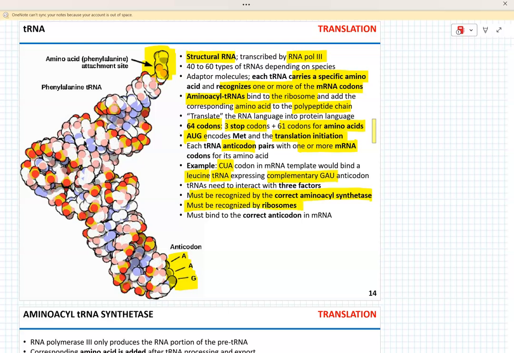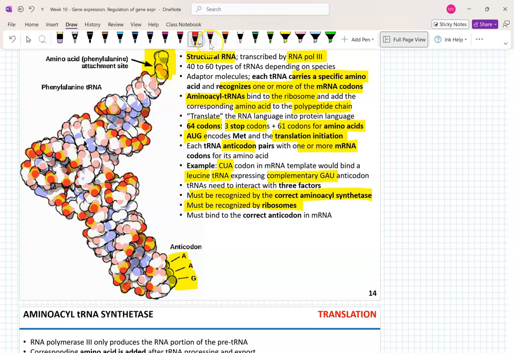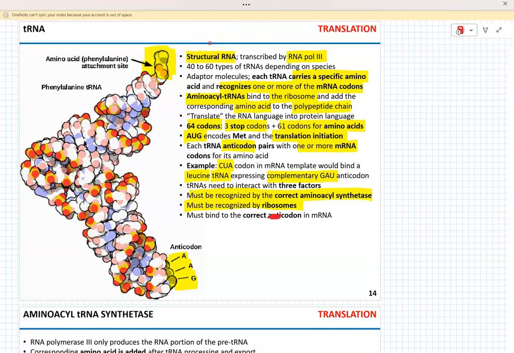Second, tRNA must be recognized by ribosomes, and third, the anticodon in the tRNA must recognize a correct codon in mRNA. So again, I want to highlight this. If this cross represents tRNA, it has an anticodon, and the anticodon will form complementary pairs with a codon in mRNA.